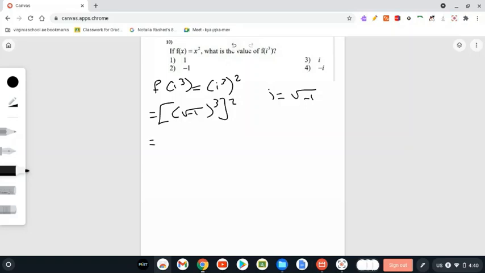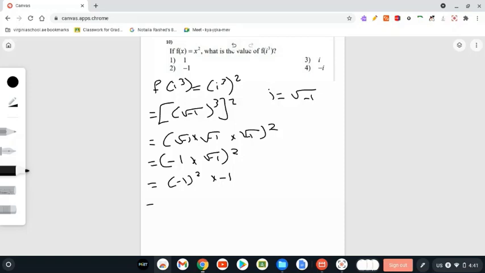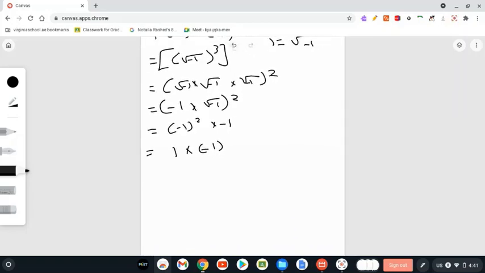Equals (square root of -1 multiplied by square root of -1 multiplied by square root of -1) to the power of 2, which is equal to -1 multiplied by square root of -1 to the power of 2, equals (-1) to the power of 2 multiplied by -1, equals 1 multiplied by -1, which is equal to -1.